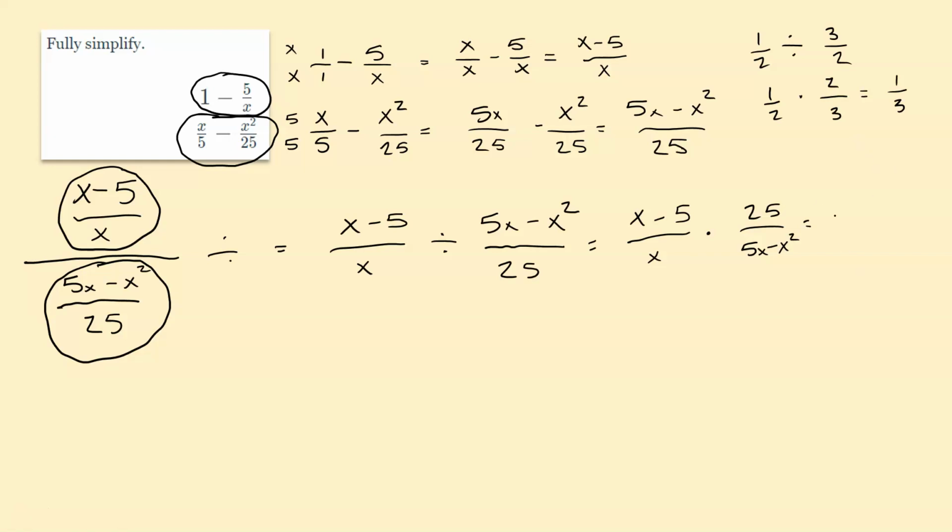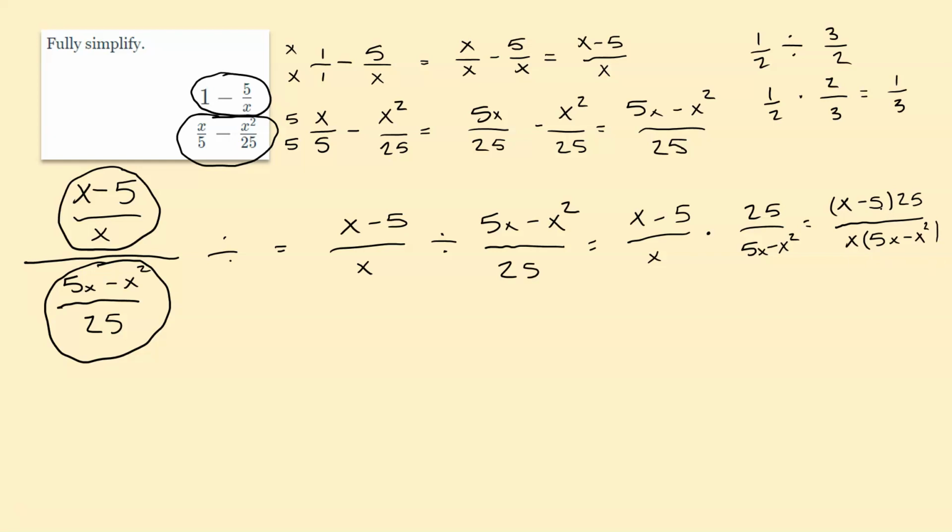So now we can multiply across. So we'd have x minus 5 multiplied by 25, and then x multiplied by 5x minus x squared.